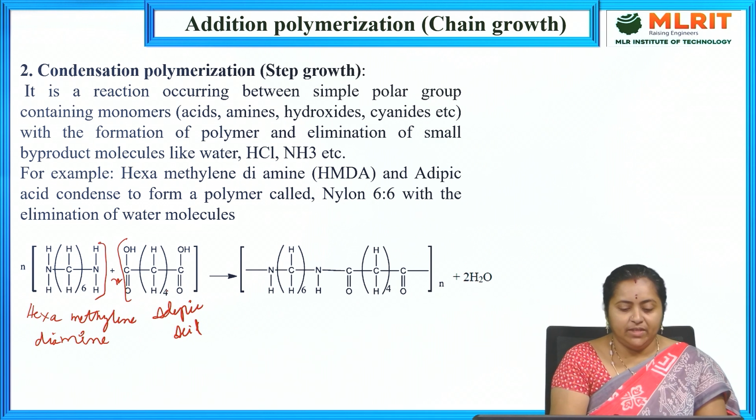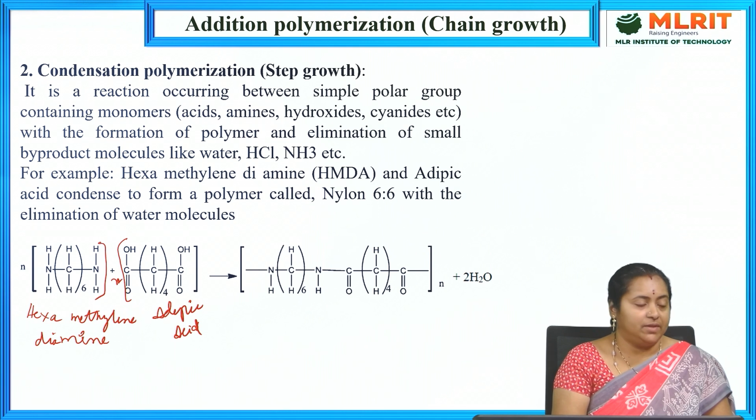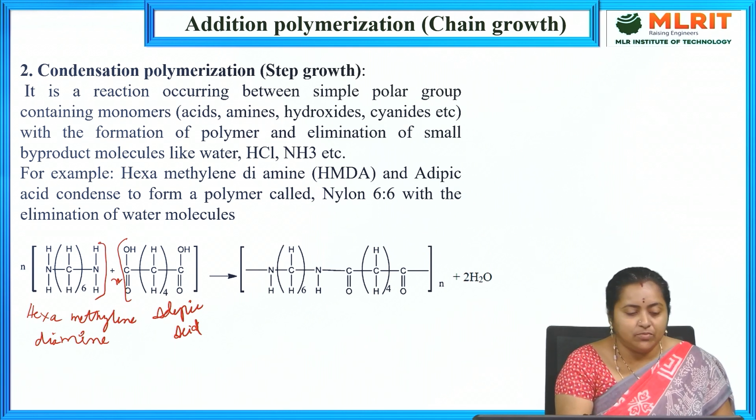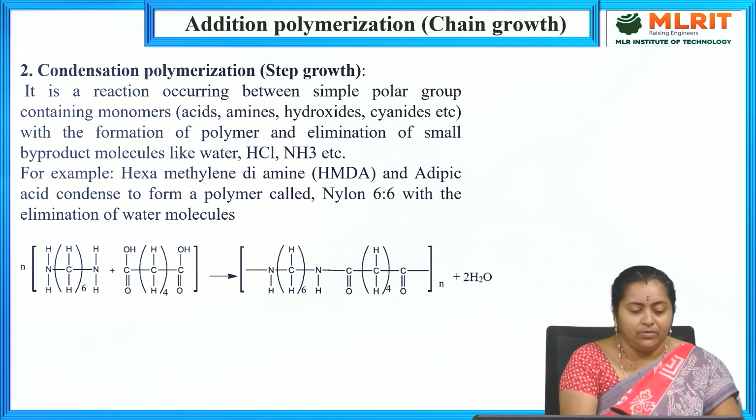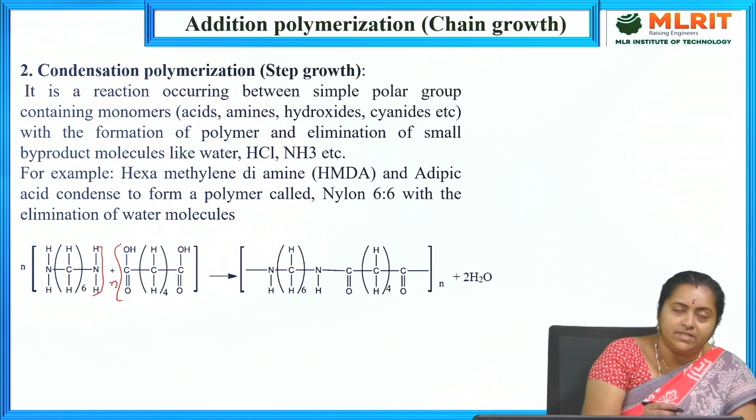So if these two were subjected to a condensation polymerization reaction, what will happen? If you notice the reaction, this is the first monomer and this is the second monomer. Both we have considered as n moles.